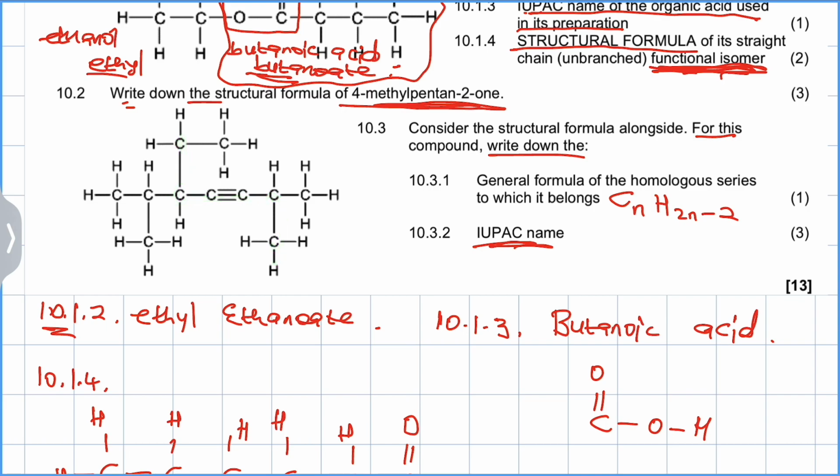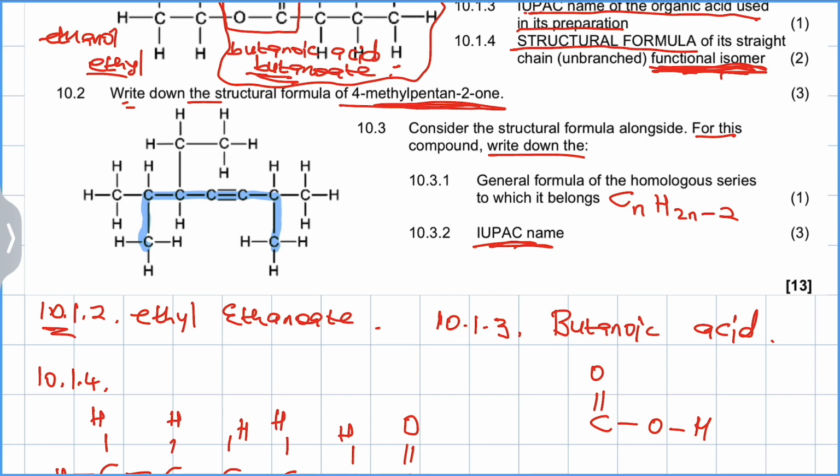That's not the longest chain. If we do this, 1, 2, 3, 4, 5, 6, 7. Okay, so it's either that or this one will be our longest chain. So therefore, let's highlight our longest chain. So that will be our longest chain.